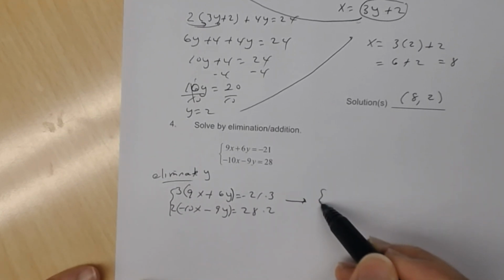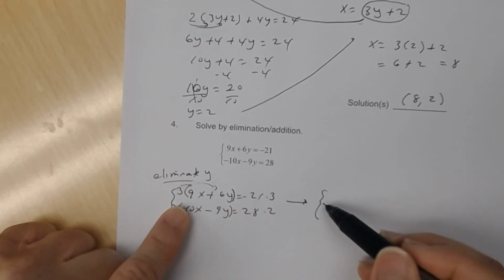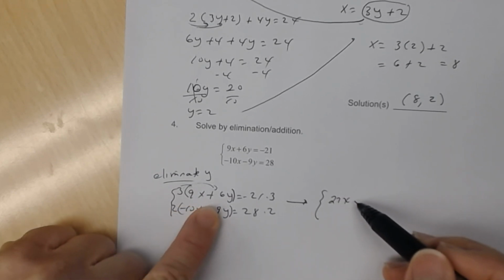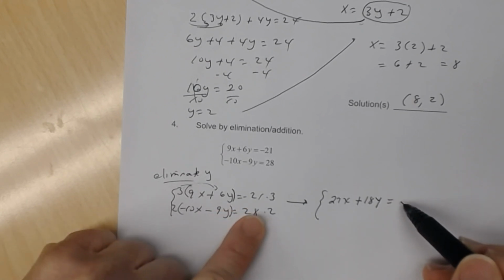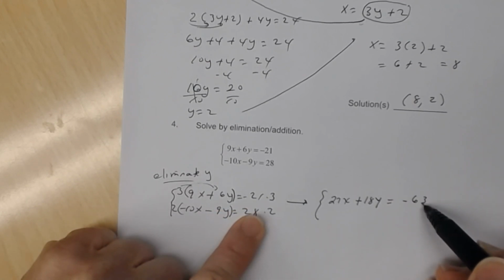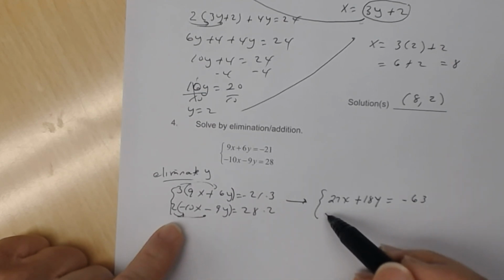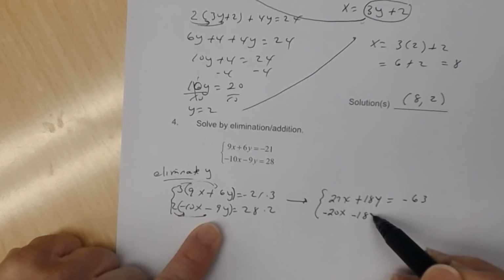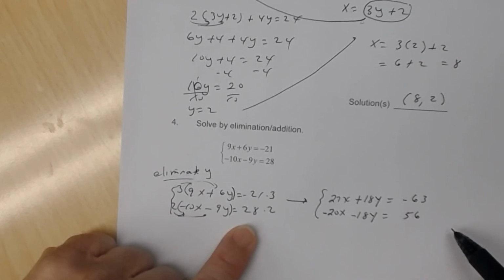So when I distribute now, 3 times 9x is 27x. 3 times 6y is 18y, equal, and then this becomes a negative 63. Over here, distributing the 2: 2 times negative 10x is a negative 20x. 2 times a negative 9y is a negative 18y, equal 56.